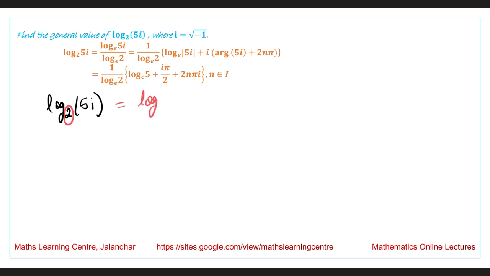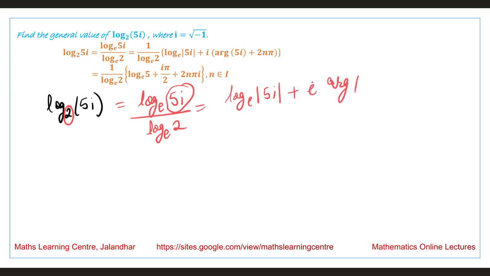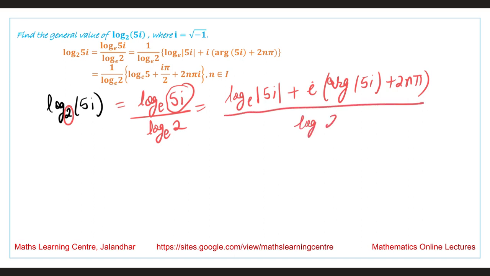We are writing in terms of base e, it is log base e 5 iota upon log base e 2, and the value of this term we will have is log base e mod of 5 iota plus, if we are talking about the general value, iota times argument of 5 iota plus 2n pi, and it is divided by log 2 to the base e. So, it is equal to 1 by log 2 to the base e.